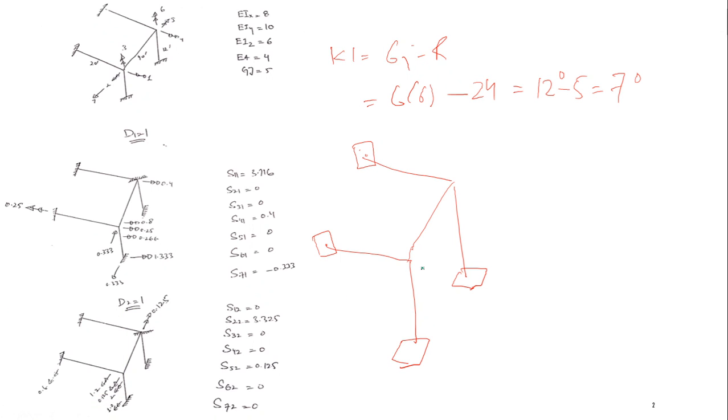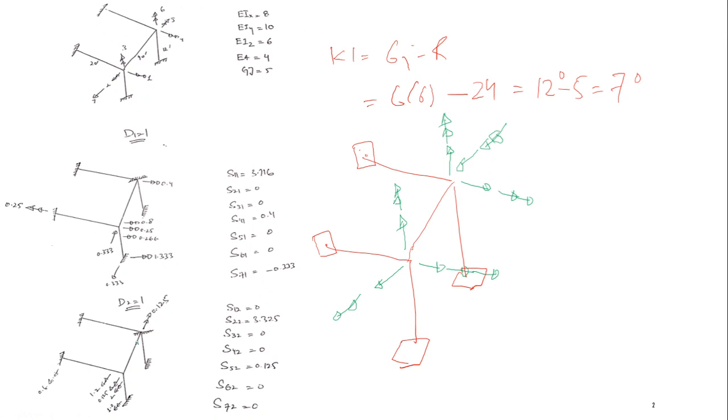Here, for every joint we have got 6 equations and 6 degrees of freedom, this and this and this, and obviously 6 moments. So here I have this moment, because for every joint we have got 6 equations. 6 equations means 6 unknown parameters.